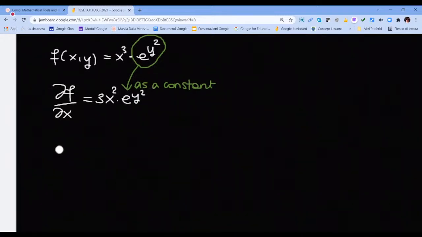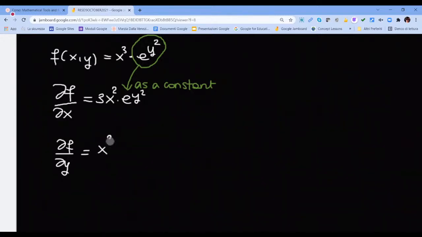What is the partial derivative with respect to y? We should consider the same, because in this case we have x cubed that could be seen as a constant.